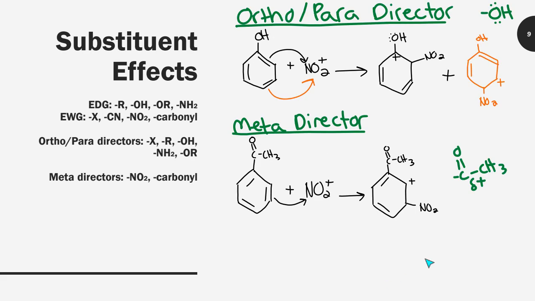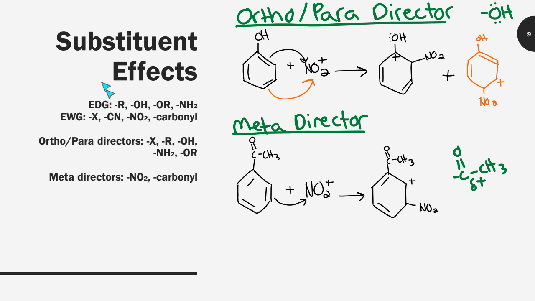Okay, so substituent effects. Depending on the groups attached to the ring, they have different effects on the subsequent reactions that we have on the ring. So we can have electron donating groups, which donate electron density to the ring. And these aren't all of the groups, but these are the most important ones for you to remember.